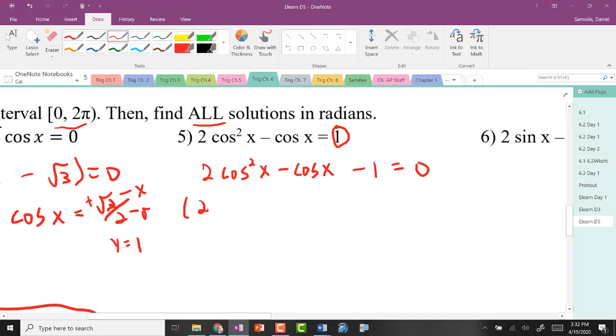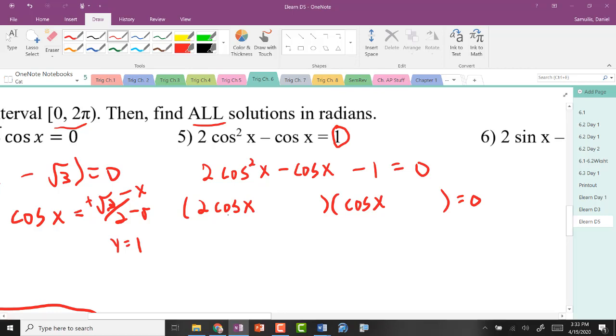I have tried to train my students to be good foilers, and understand that 2 cosine times 1 cosine is 2 cosine squared. So we're going to have two sets of binomials when we factor this out. And then the only thing that could equal -1 is 1 times -1, the last of FOIL. That's what we're doing when we're factoring. We're unmultiplying it, and in this case, two binomials.